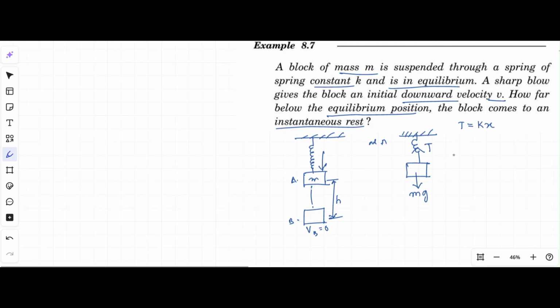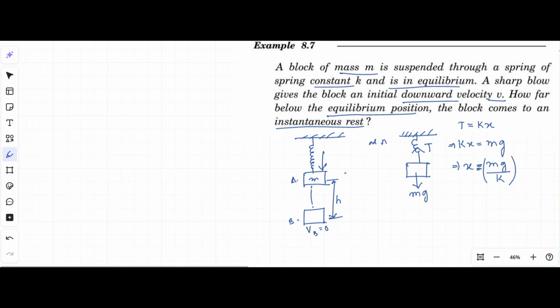That is what equilibrium position meant. So we can write Kx equals mg. In doing so, we find the initial elongation in the equilibrium position. That is mg by k.